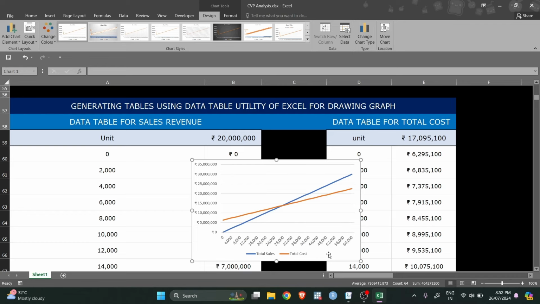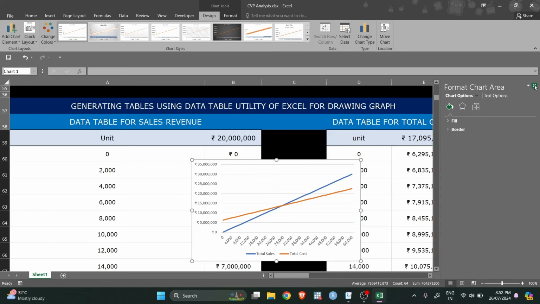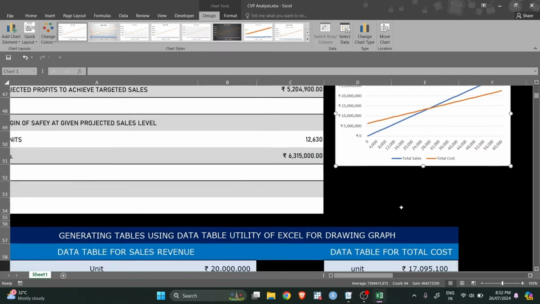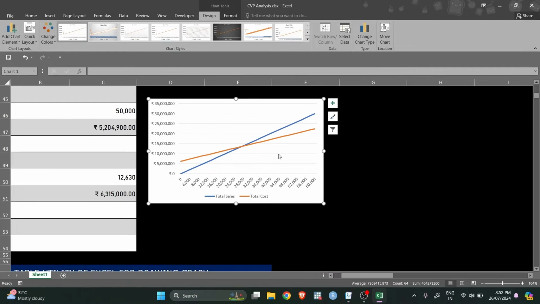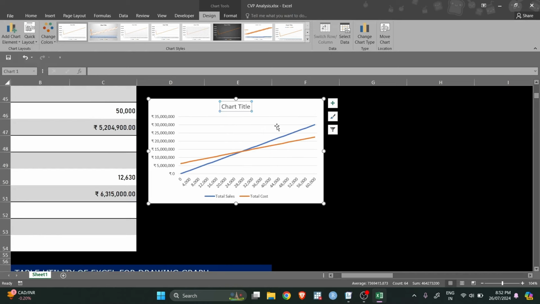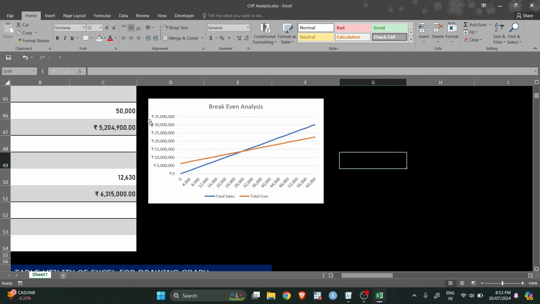Let me drag it. We can give the label, chart title. Let me give this break even analysis. I can give axis names also, total cost and total revenue, then units.